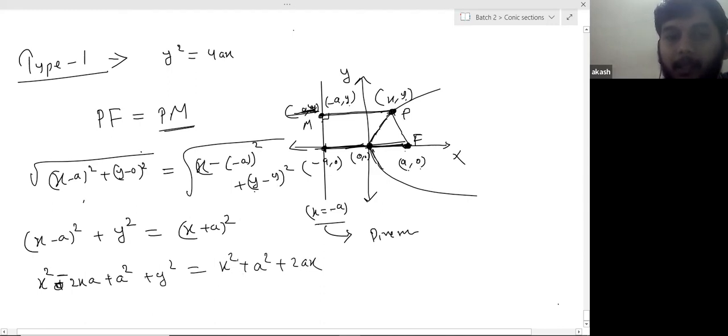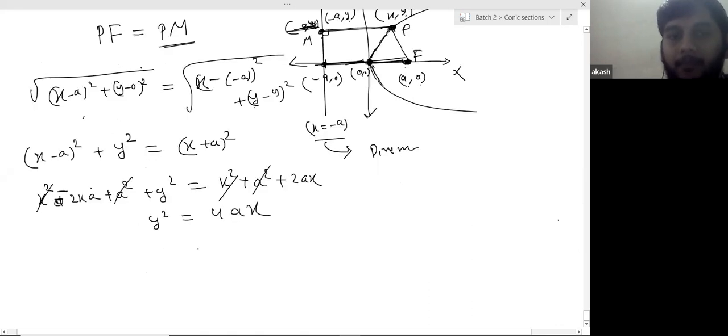So x square is cancelled, a square is cancelled. We'll have y square equals, this 2ax will go here, so 4ax. y square equals 4ax. This is the standard equation of parabola.